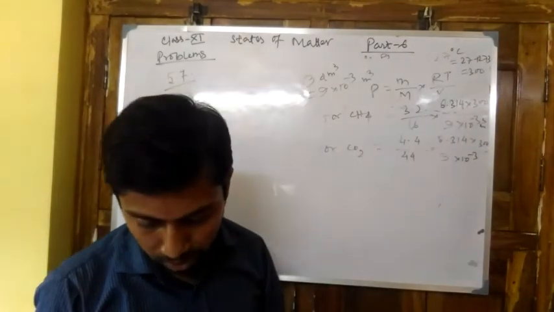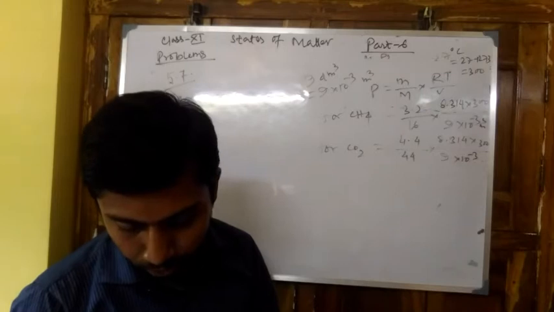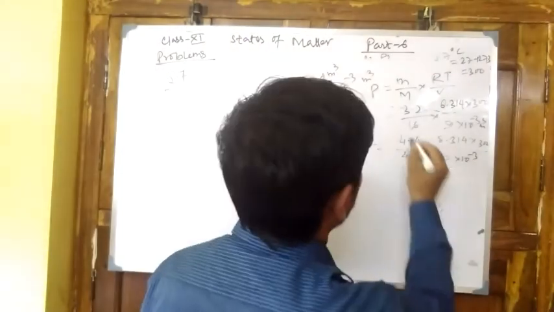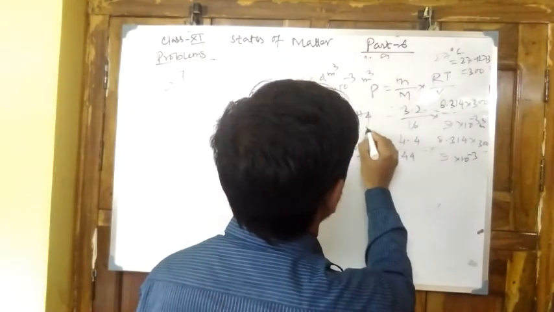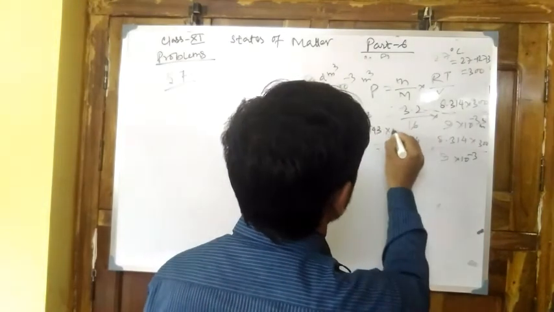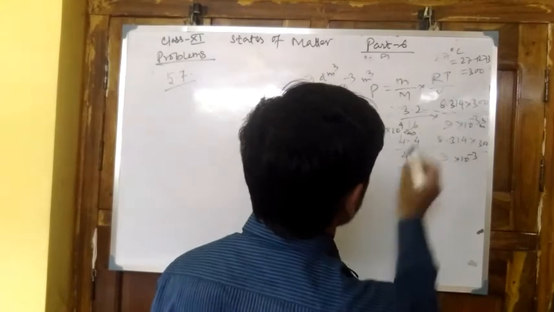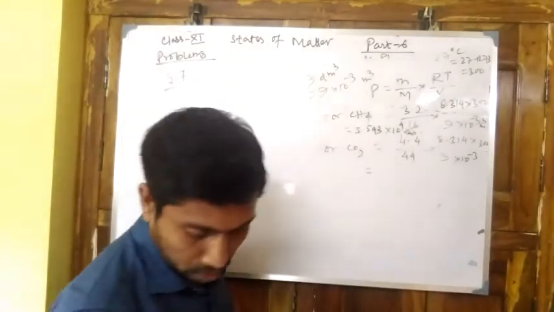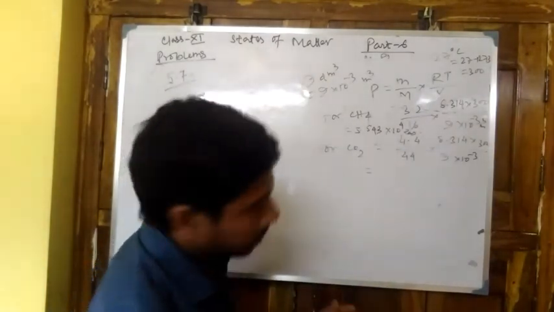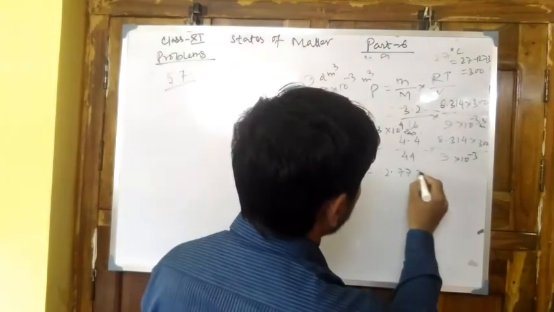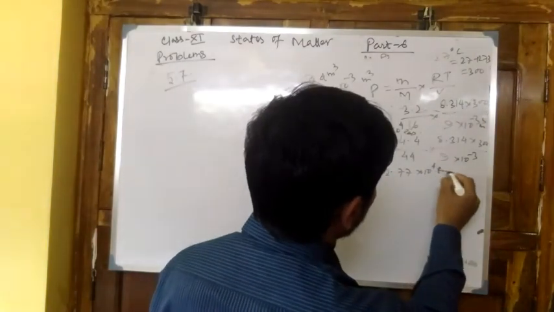The first one will be 5.543 into 10 to the power 4. It is equal to 5.543 into 10 to the power 4 Pascal. And for CO2, it is equal to 2.77 into 10 to the power 4 Pascal.